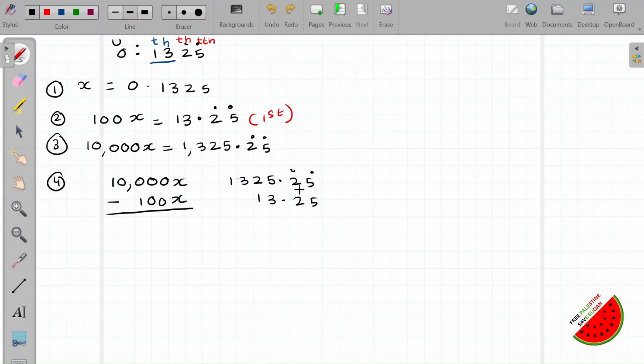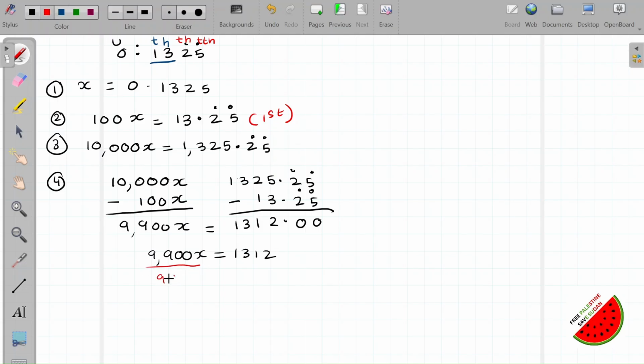Let's get the dots right. I love disturbances today. Okay. So 2, 1, okay, 1312. 9,900x. Now rewrite that and then divide.